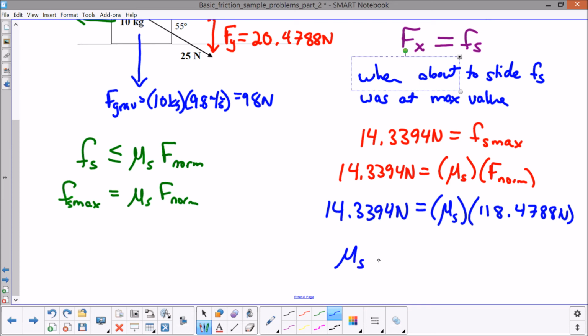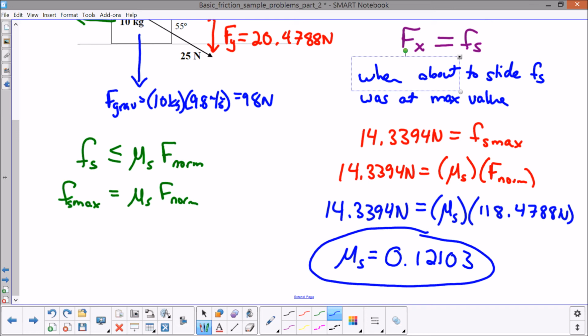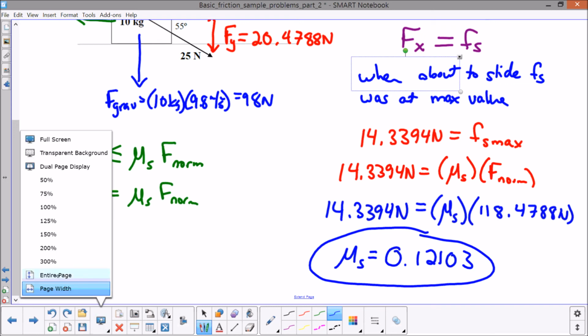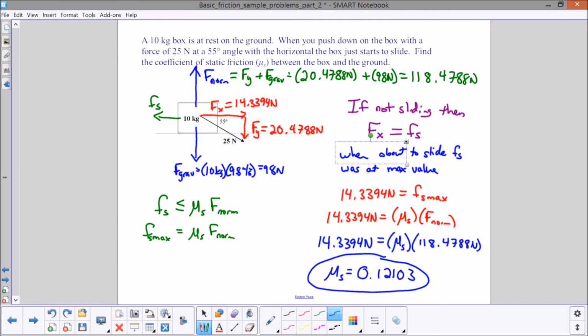And this gives us that the coefficient of static friction between the box and the ground was 0.12103. Again, the coefficient of static friction and the coefficient of kinetic friction, those are both unitless quantities.